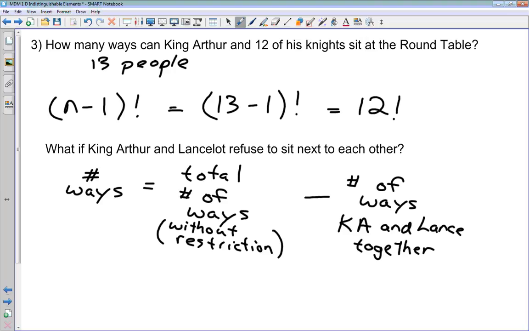So the total number of arrangements minus the number of arrangements that have King Arthur and Lancelot together. Because if we take away all the ones where they're together, we're left with the number of ways that we can seat everybody so that they are apart.